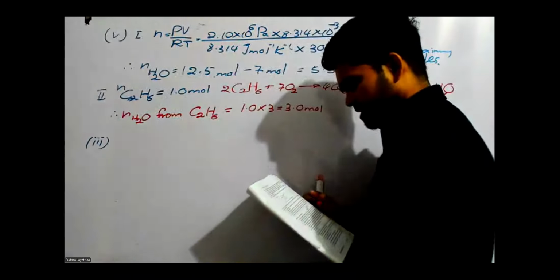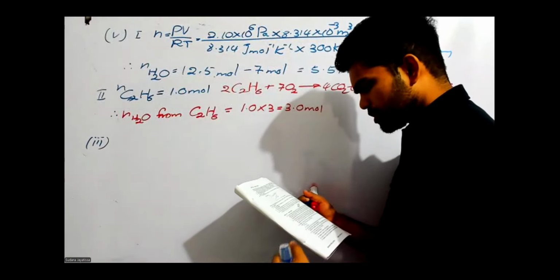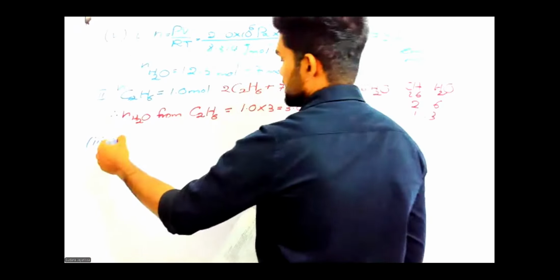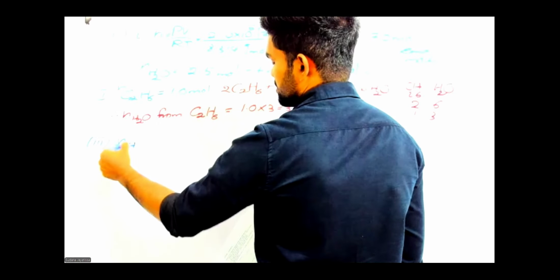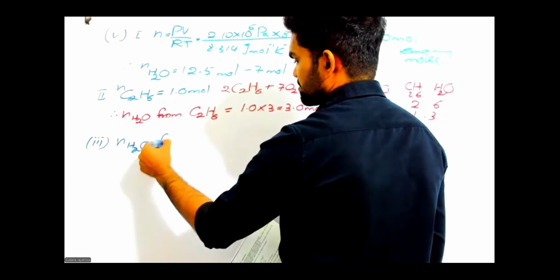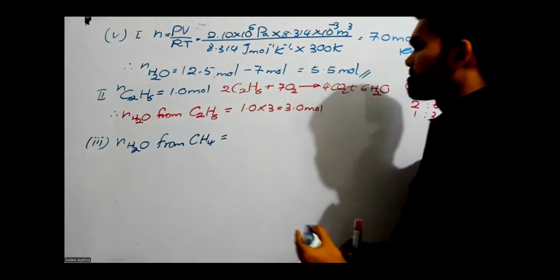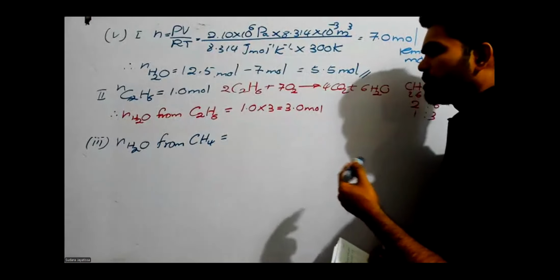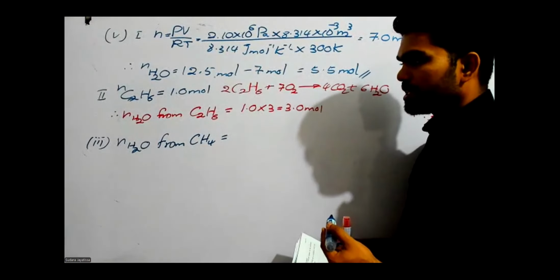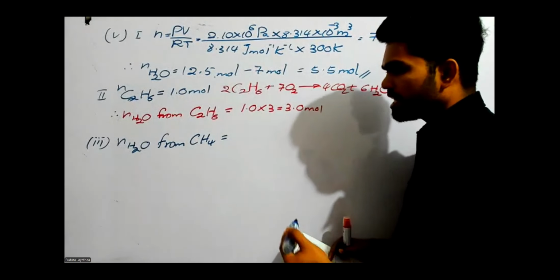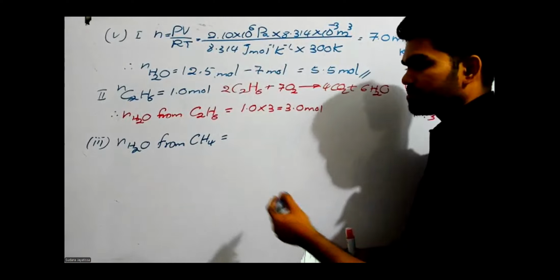Then they are asking the third part: the number of moles of water produced from CH4. So we know one thing. Total water is 5.5, and the water produced from C2H6 is 3 moles. Then the remaining must be produced from CH4.